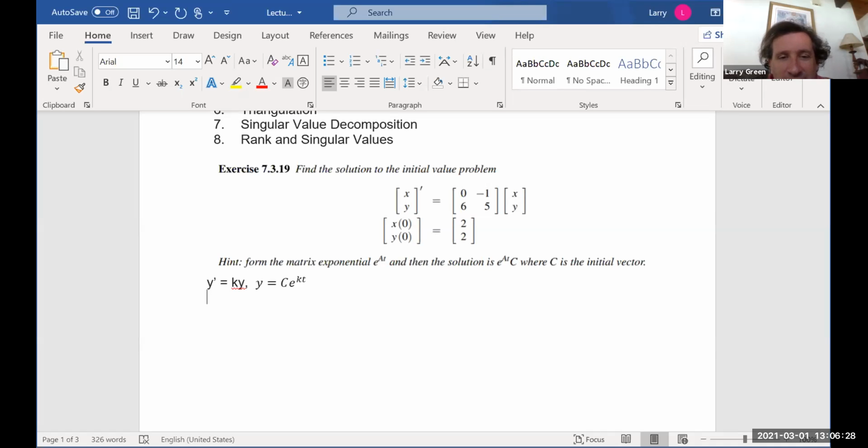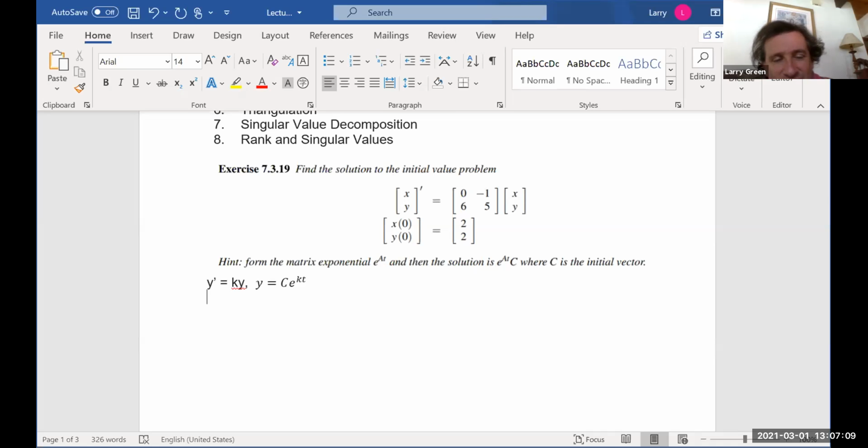So what we want to do is basically the same thing, except instead of y, we have x. And it's no different. So that means x is equal to something like c e to the kt, except that doesn't quite work. It's going to be e to the At times c. So it's not a k anymore, it's an A. The way they write it is e to the At times c, because it actually matters left and right.